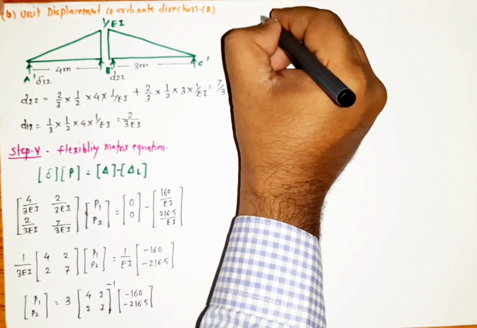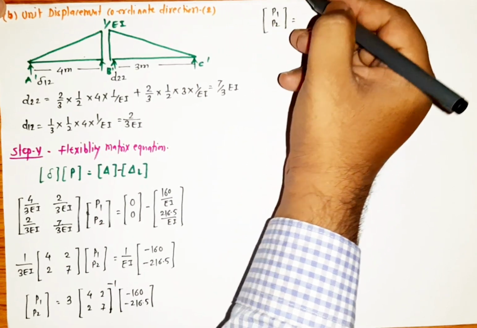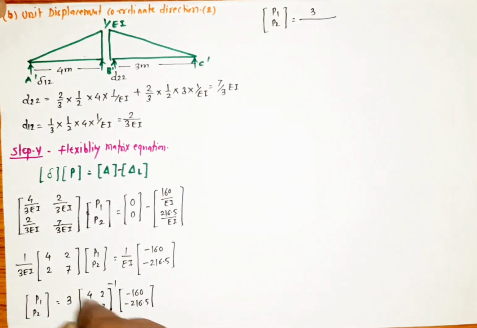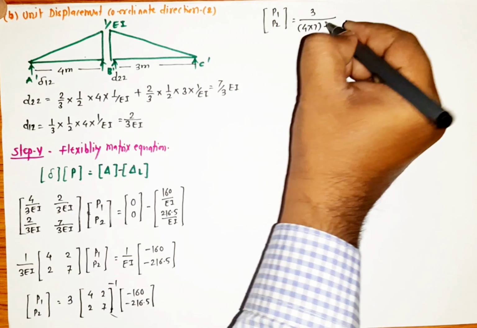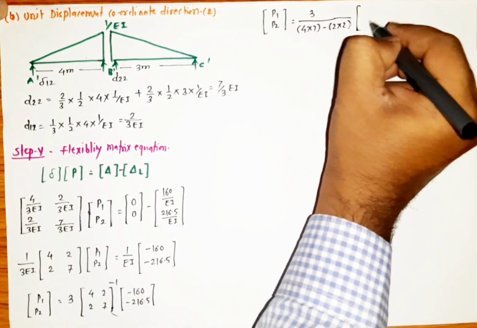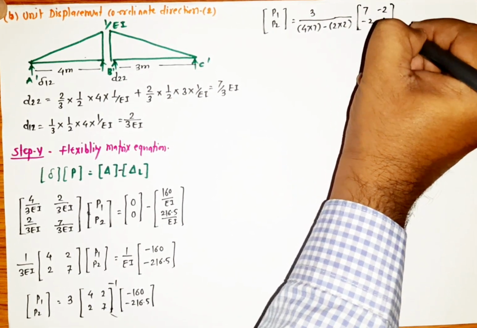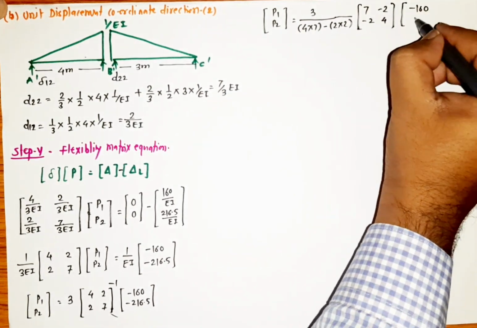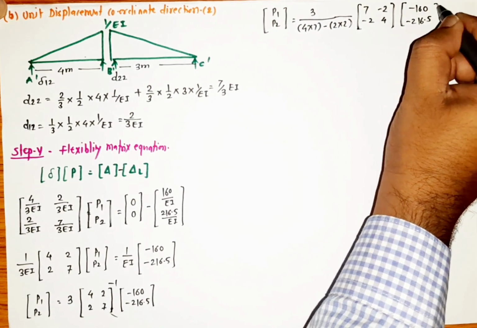So let us calculate. P1, P2 is equal to, inverse of it will be 3 into cross multiplication, that is nothing but 4 into 7 minus 2 into 2, into 7 minus 2 minus 2, 4, exchange the value, into minus 160 and minus 216.5.